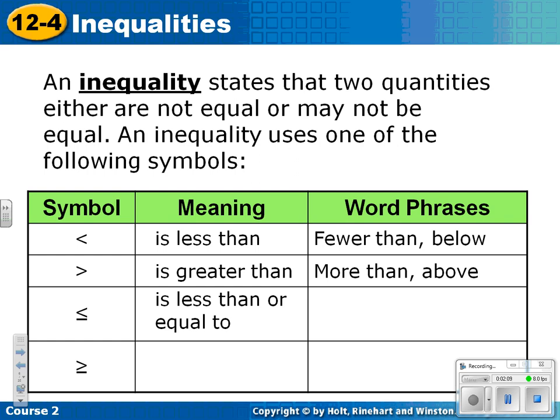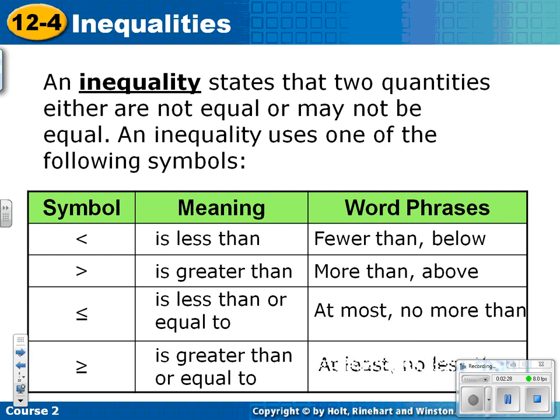There could not have been 16 because then it says less than or equal to 15. It could have been exactly 15. And the next symbol, obviously, then must be what? Greater than or equal to. Same thing.